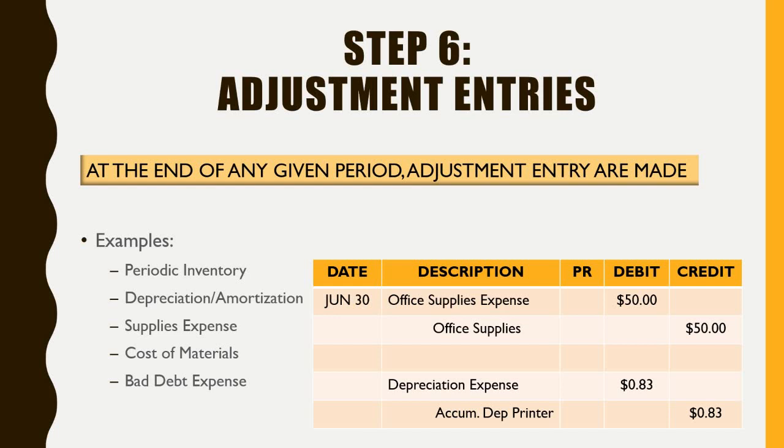And then cost of materials, also known as cost of goods sold, you will also learn in chapter 5 as well. But we'll also take a look at it on a grander scale in the class project. And then lastly, bad debt expense, which we will learn in chapter 10.